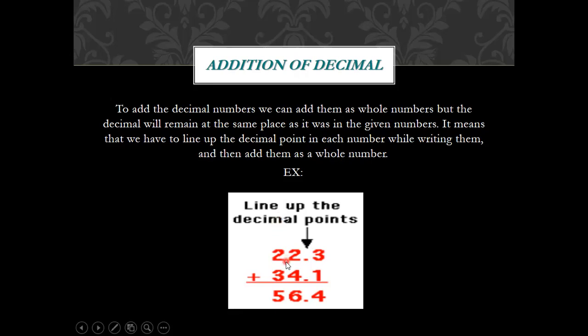See here, example 22.3 and 34.1 they have given. So when you are writing 22.3 and 34.1, write 1 below 1, and the point also you have to write one below the other. Now you can add easily: 3 plus 1, 4, and then the point, after that 4 plus 2, 6, 3 plus 2, 5. So the answer is 56.4.